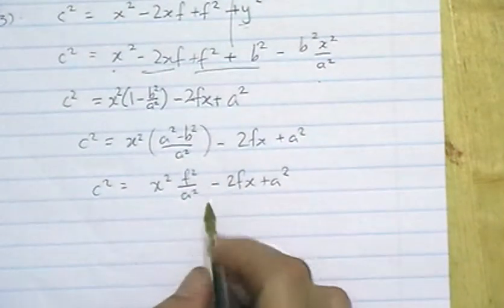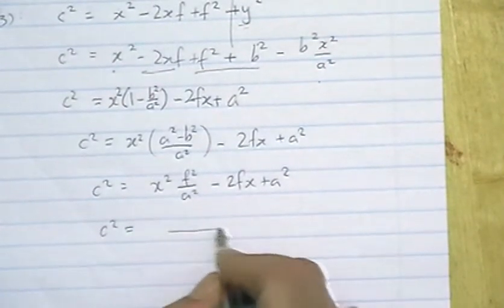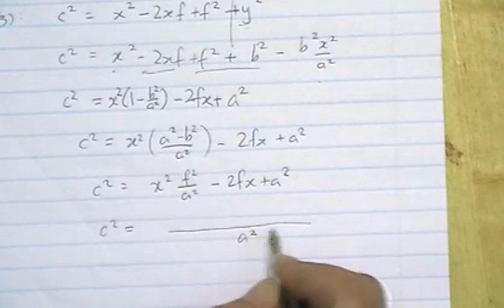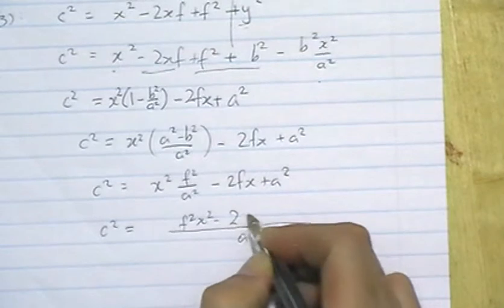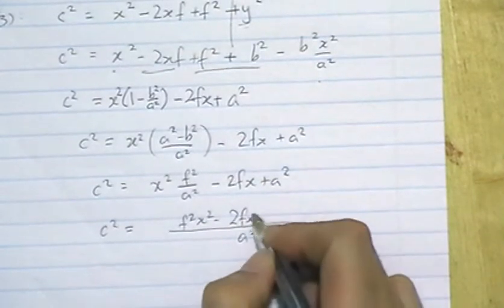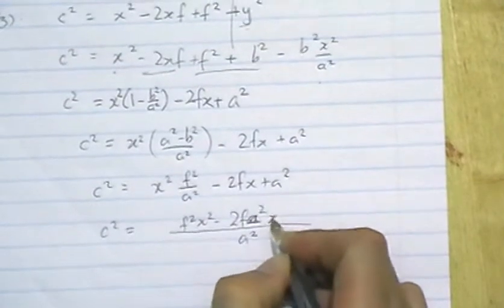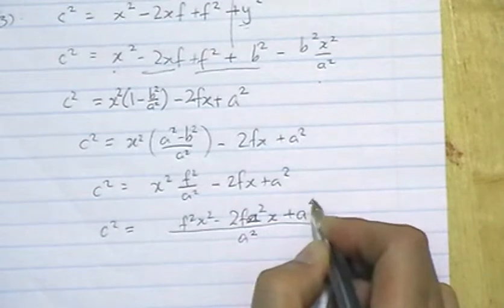Now I can actually factorize this. Put everything under a squared, and that gives f squared x squared minus 2f a squared times x plus a to the power 4.